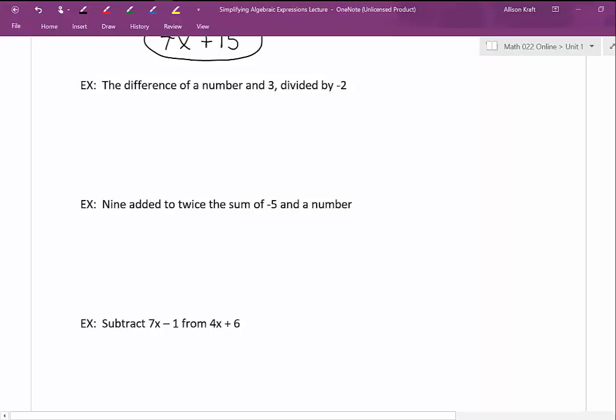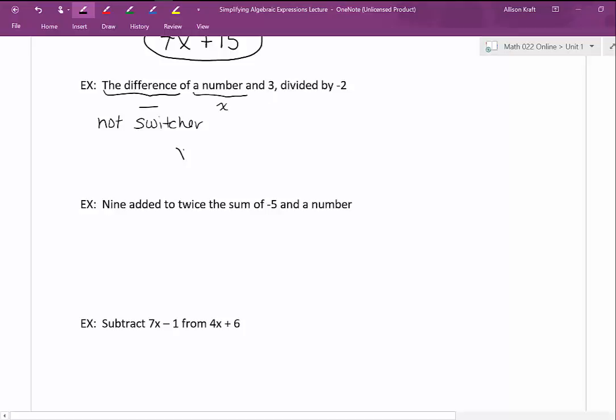The difference of a number and 3, divided by -2. I see the word difference. That tells me subtraction. It is not a switcher word, so I'm not going to switch the order. A number, well, that's my variable, and 3. So I need to subtract a number, which is unknown, and the number 3.